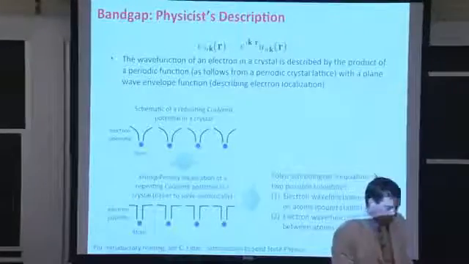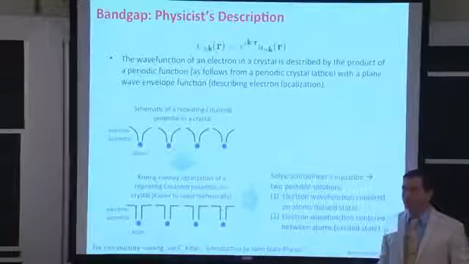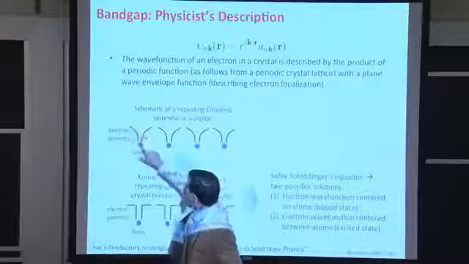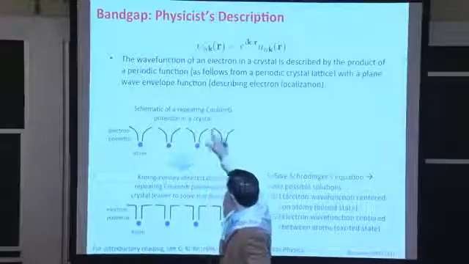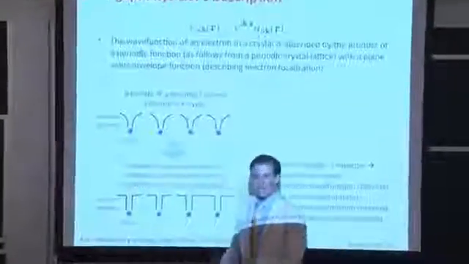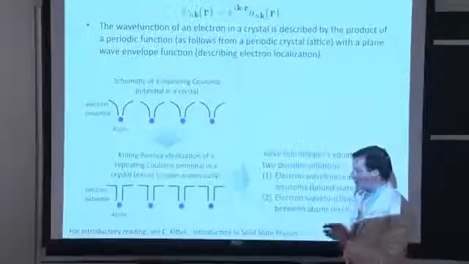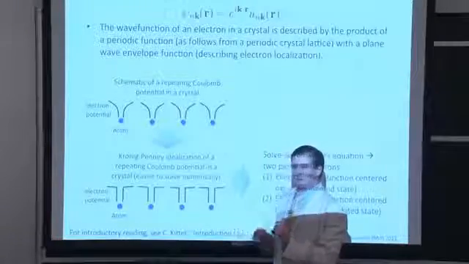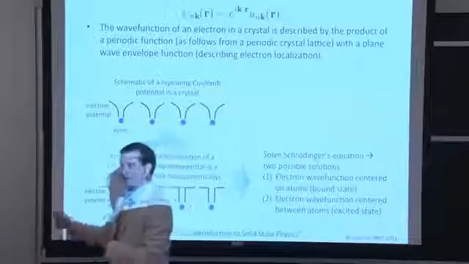And let me be more specific about regularly repeating potential. What I mean is that you have a series of nuclei here, and if you imagine the electron potential around these nuclei, there is a propensity for the electron to be bound by the atom, right? And so as it's moving along, instead of just a free plane wave, it's almost like driving along a bumpy road, a bump, a bump, a bump, a bump.